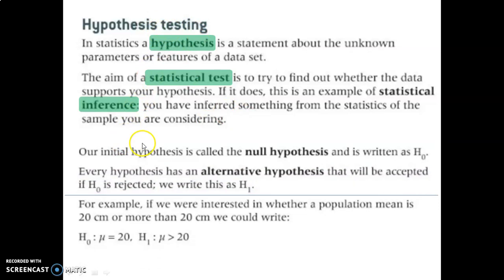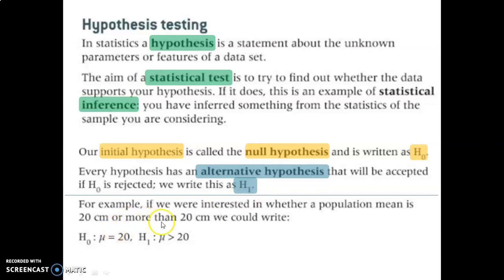All right, so let's say we're running a hypothesis test. We make an initial hypothesis, and we call this the null hypothesis. This is written using typically H sub 0, null hypothesis. And every hypothesis has some alternative hypothesis. This alternative is what will be accepted if the null hypothesis is rejected. And we write the alternative hypothesis as H sub 1.